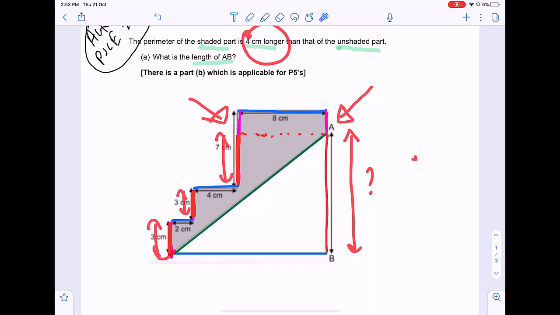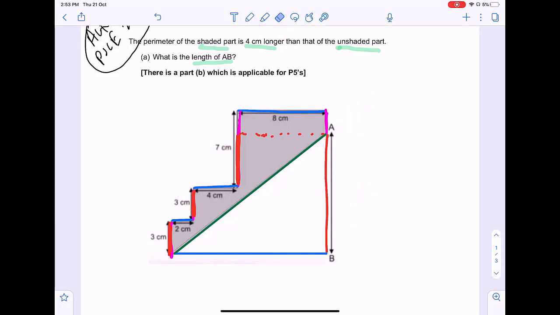Now that is why the unshaded is 4 cm lesser in perimeter as compared to the shaded, because of these pink regions here. I repeat, because of the pink region. So the two pink regions will actually add up to 4 centimeter. So for part A, 4 divided by 2, we will get each of the pink region, 2 cm, 2 cm, and then we can find AB next.